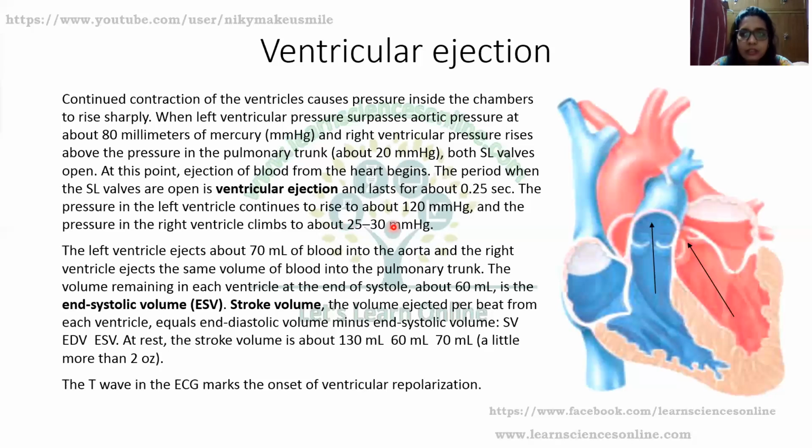Then what is the reason that pressure is so high in the left ventricle but it is not that high in the right ventricle?